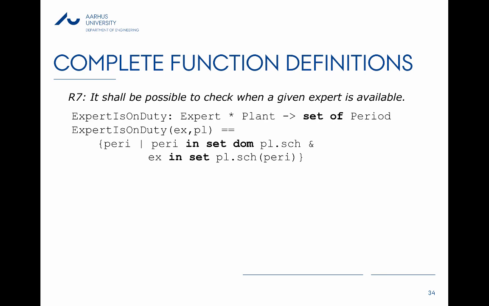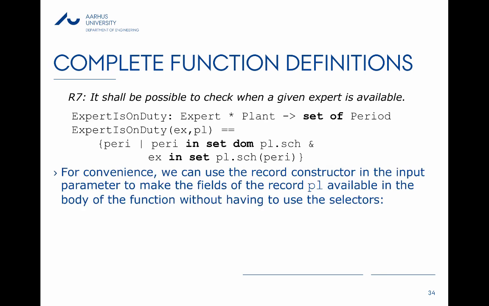So we run over all possible periods, and if the property that's written after this ampersand is true, so EX is in the set of the period, meaning he's on duty, then we want to take the period out, because for a particular expert we're interested in finding out the set of periods where he's on duty.